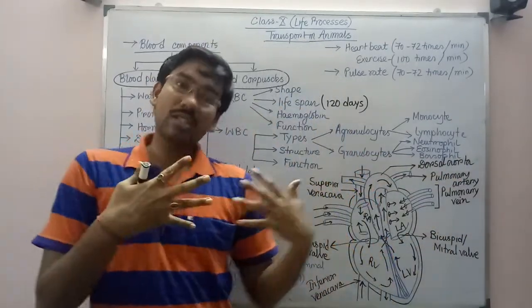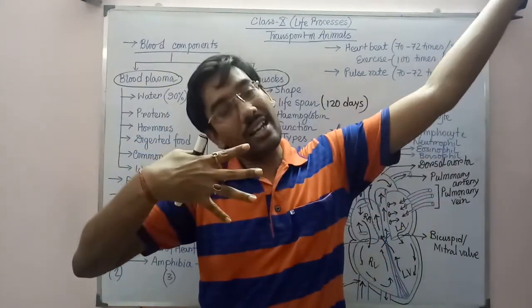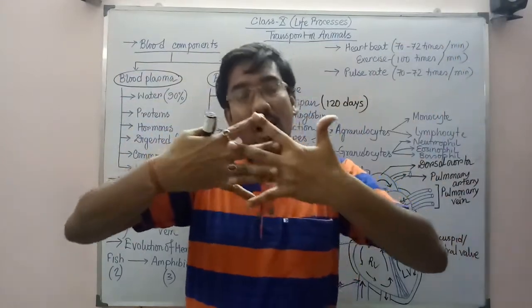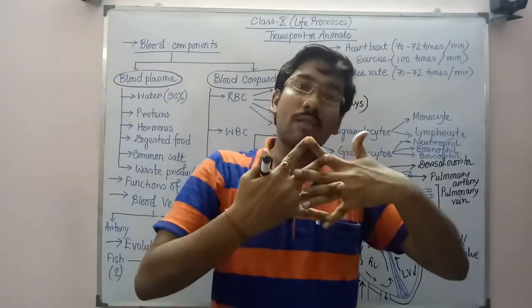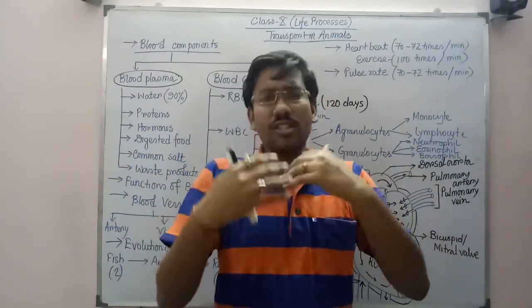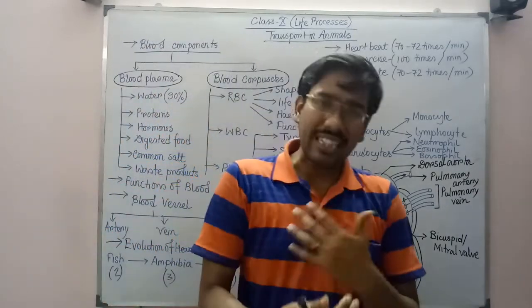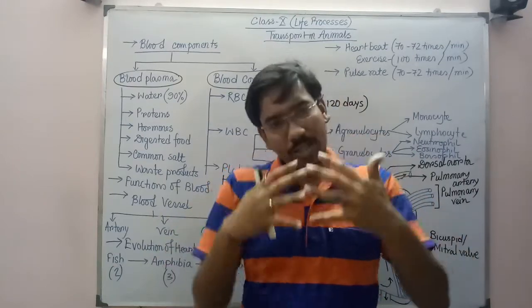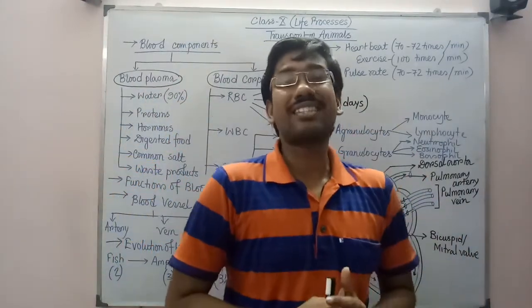So arterioles are entering the body tissue, venules are releasing from the body tissue. These arterioles and venules make a mesh-like network on the surface of each and every body organ and body tissue, through which exchanges of various materials like digested food, respiratory gases, excretory materials are happening. Okay, so that mesh-like network formed with the help of arterioles and venules is commonly known as capillary.